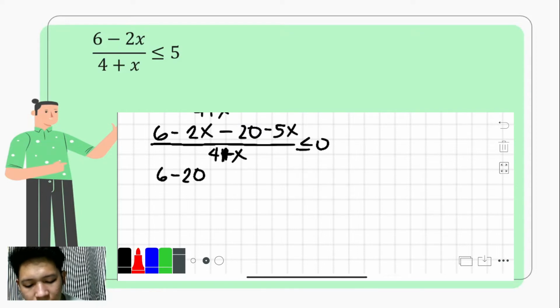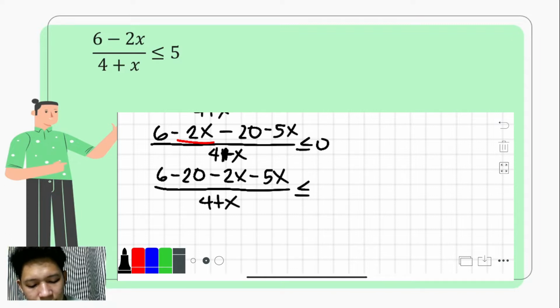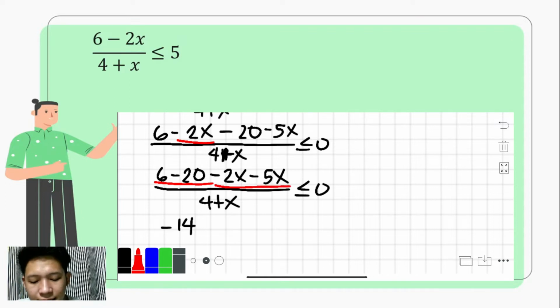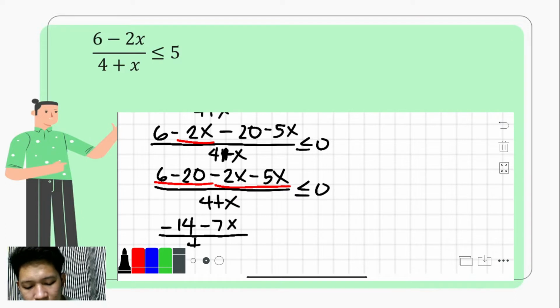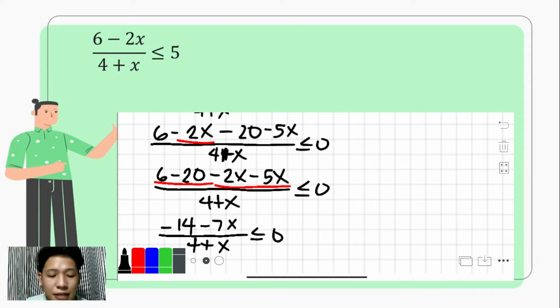And then yung kamukha ni negative 2x ay negative 5x. So negative 2x minus 5x over 4 plus x is less than or equal to 0. And then, simplifying this, we have 6 minus 20, that's negative 14. And then we have negative 2x minus 5x, that's negative 7x, over 4 plus x is less than or equal to 0. Okay po?